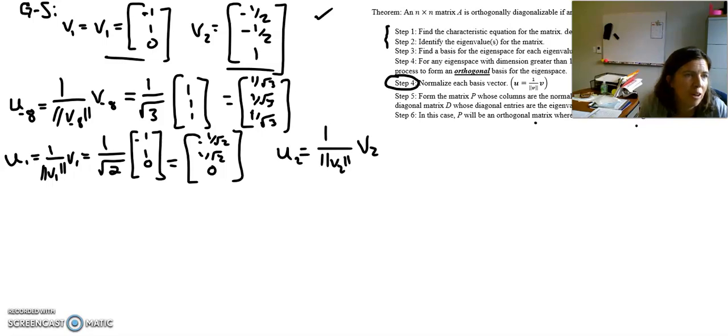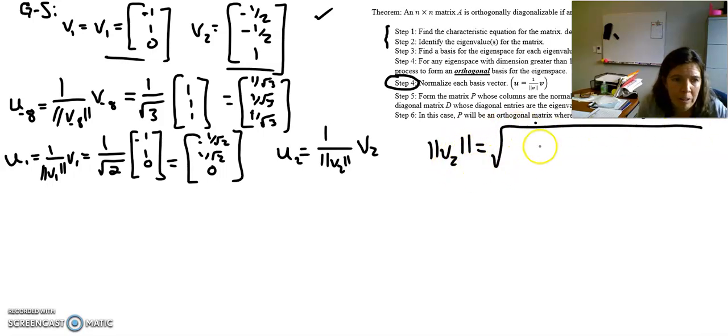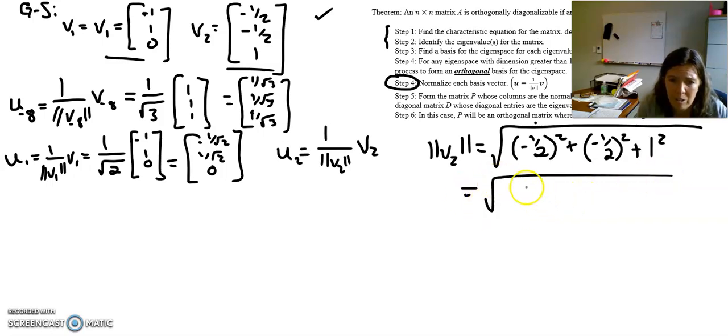I've got fractions here, so I'm going to do the length of V2 off to the side. So that's the square root of the sum of the squares of each entry. So -1/2 squared plus -1/2 squared plus 1 squared. So that's -1 squared over 2 squared.